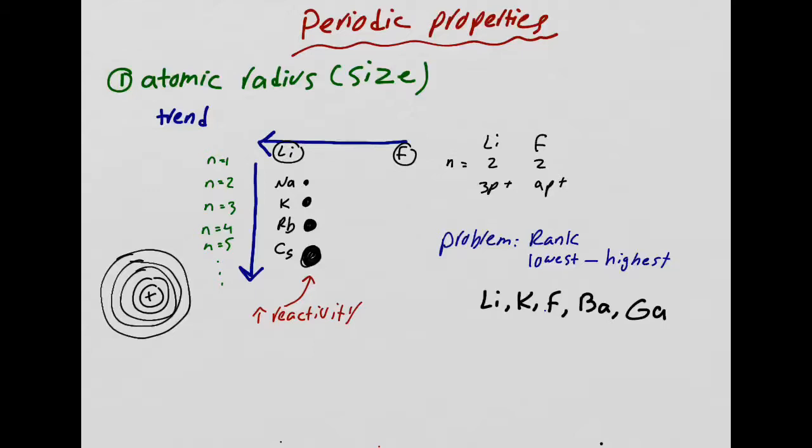Here's how you would do it. Every time I ask you to rank, what I want you to do is draw the trend first. Before I rank it, I'm going to draw the trend, then put the elements relative to each other. For example, I know I have lithium here and fluorine on the same row goes over here.